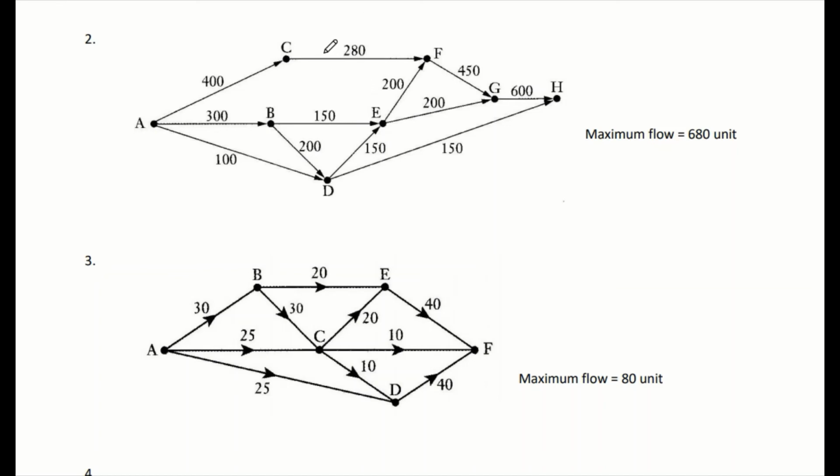So 280 here. Just now I already passed through here and I already passed through here, right? So the next one that I try to choose is, if I pass through here, 300 and then 100. So you have 400 and then plus 280. What is that? You realize that it's 680.